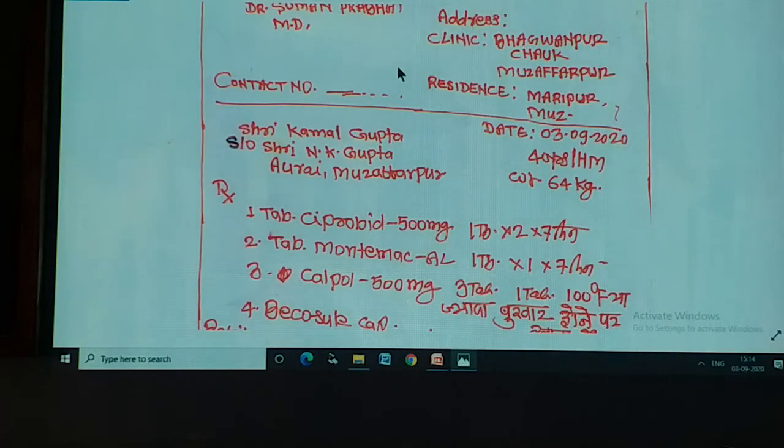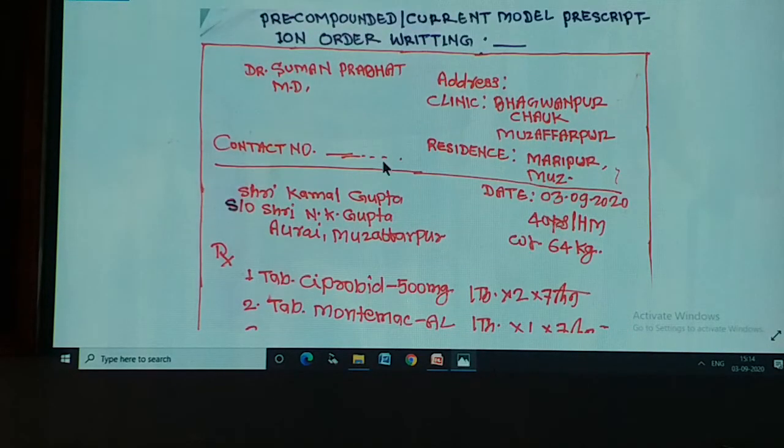Coming to the second type of prescription, that is pre-compounded or current model prescription order writing, or modern prescription order writing. Here first part of the prescription, that is details about clinician, second part, details about patients, and date of the prescription remain the same.